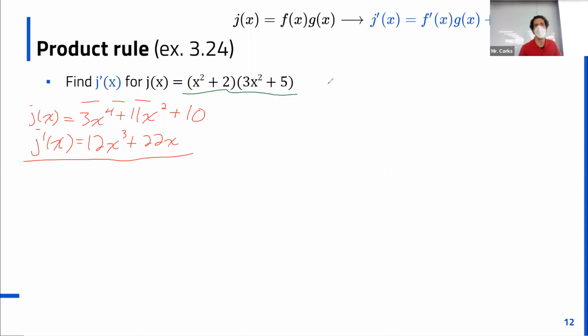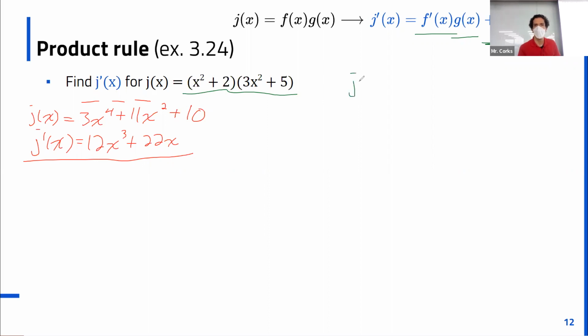Product rule says if we have two things multiplied together, then the derivative would be the derivative of the first part times just the original second part, and then the original first part times the derivative of the second part. And then you add them together, and that will be the derivative. So we'll do this one together here.